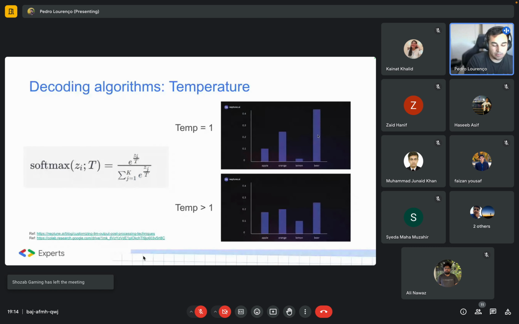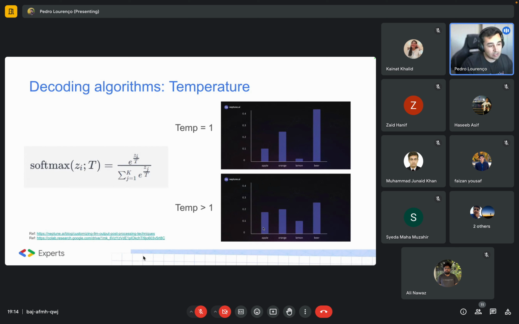However, if we make the temperature higher than 1, now you have beer and orange at almost the same level of probability, and also apple here. So 3 out of 10 you get beer, 3 out of 10 you get orange, and 3 out of 10 you get apple. So you are making your model generate more variety in the output, and this is very useful when we want more creative answers.